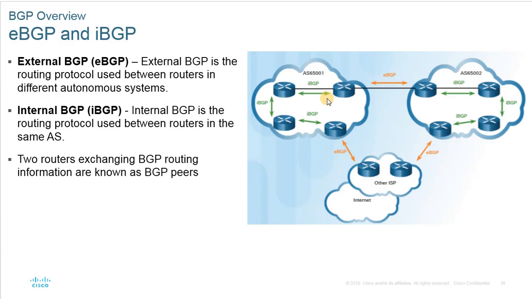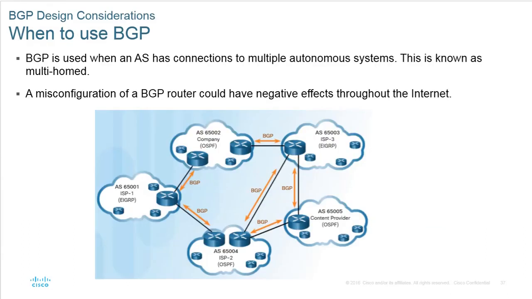Okay, when to use BGP or border gateway protocol? It is usually used when an AS has connections to multiple autonomous systems. Okay, so in an autonomous system, each of these can have their internal routing protocol using, like, OSPF.